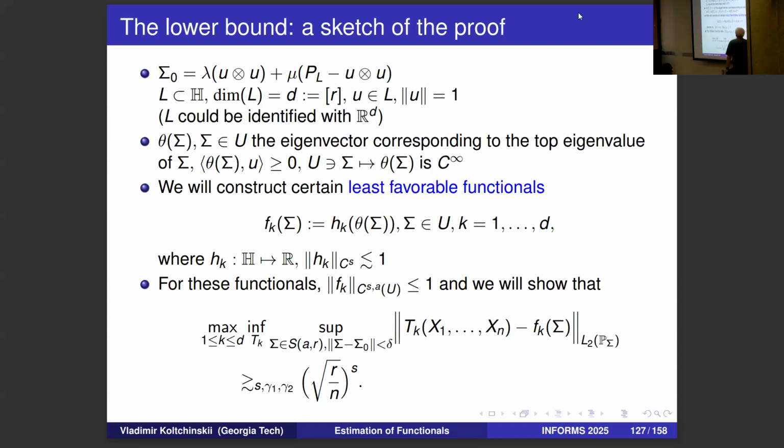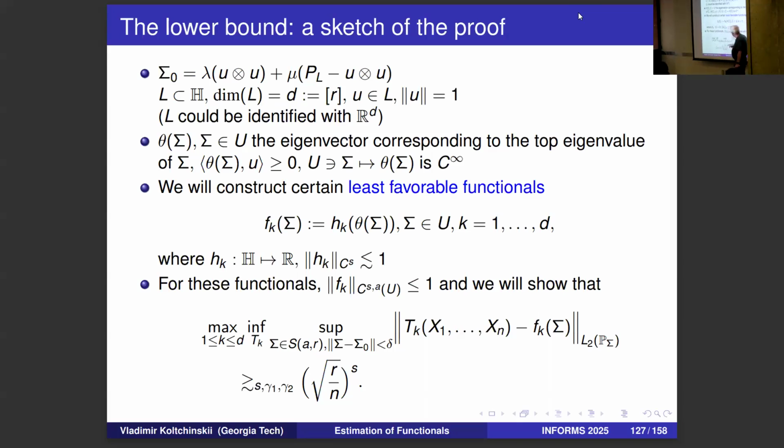And basically, we will construct least favorable functionals. We will need d of them that are of this form. f_k of sigma will be equal to some function h_k, defined on the Hilbert space itself, or on R^d, some bad function of theta of sigma.